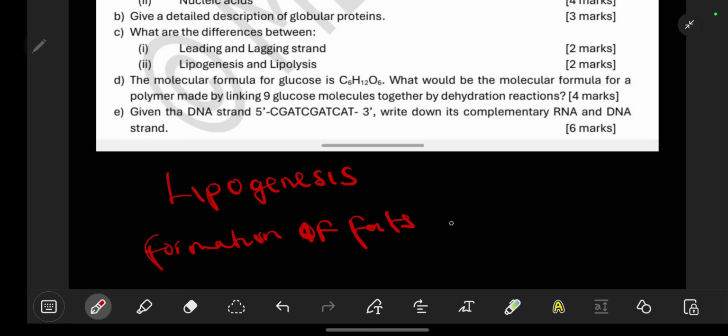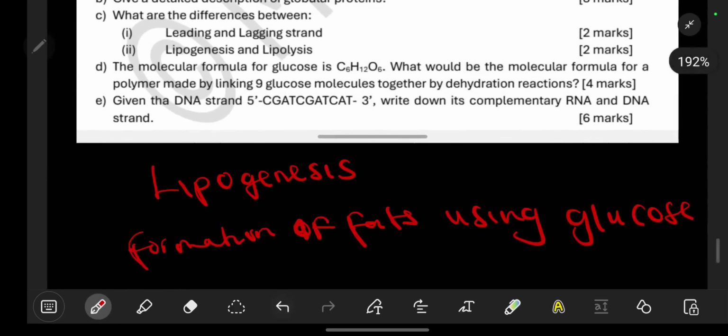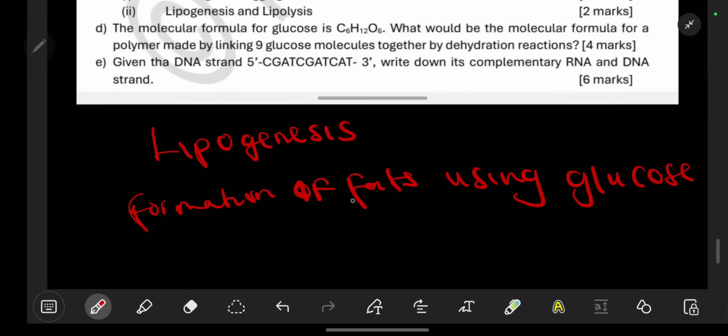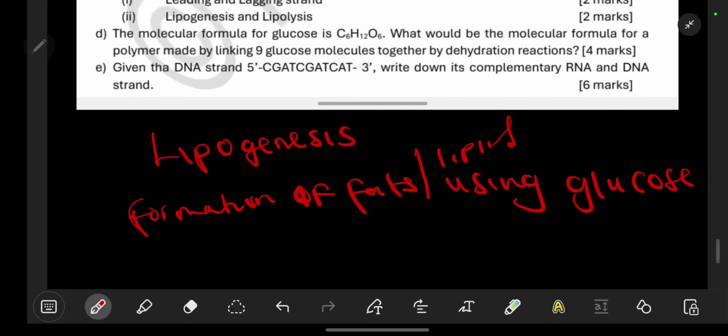It is the formation of fats using glucose. So glucose is used to make fats. So the formation of fats, or rather lipids, using glucose is called lipogenesis.